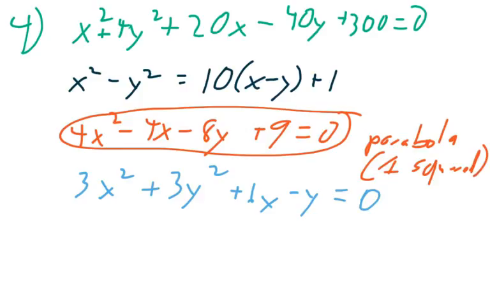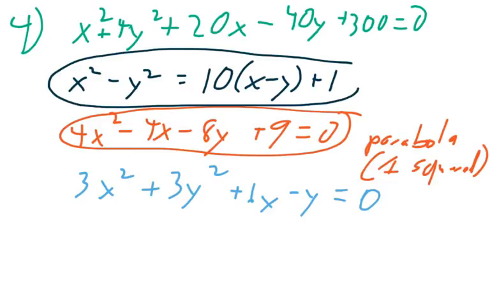So x is squared, not y. And so that's the parabola. The next easiest one is this one, because we have this x squared minus y squared, which means this one is the hyperbola.